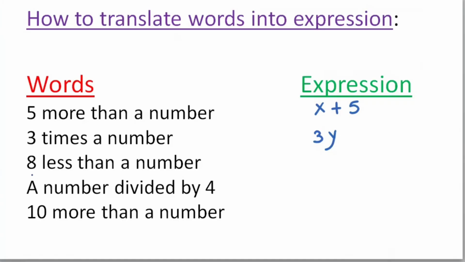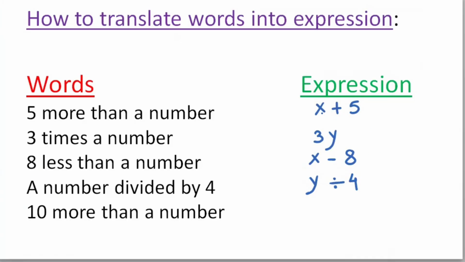Okay. The next one says 8 less than a number. 8 less than a number. So if the number is x, 8 less than that number is x minus 8. Then another one is a number divided by 4. So a number like y is divided by 4.